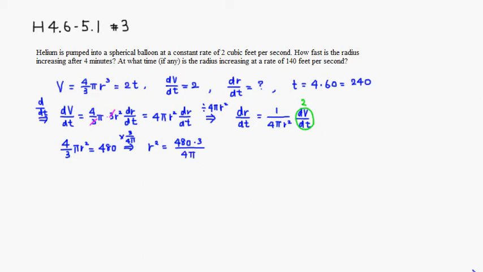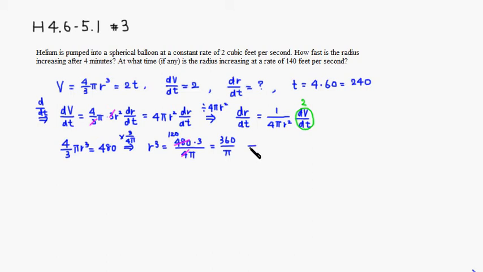Sorry, I forgot this was cubed. We can cancel the 4 and 480 becomes 120, so this is 120 times 3, so 360 over pi.